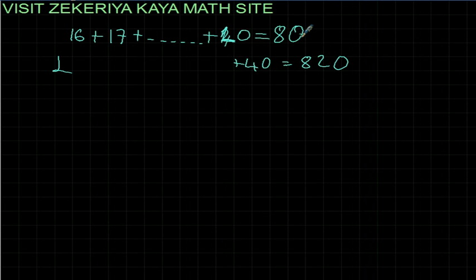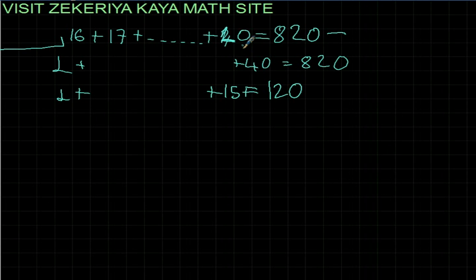But to find the final result, from this I need to subtract the previous part, from 1 to 15. From 1 to 15, what was the result? 120. We have calculated it before.